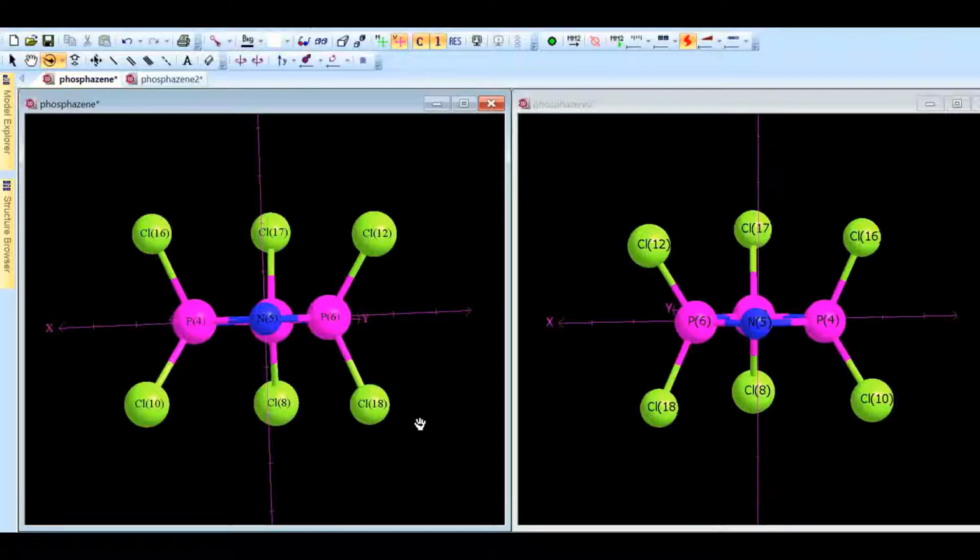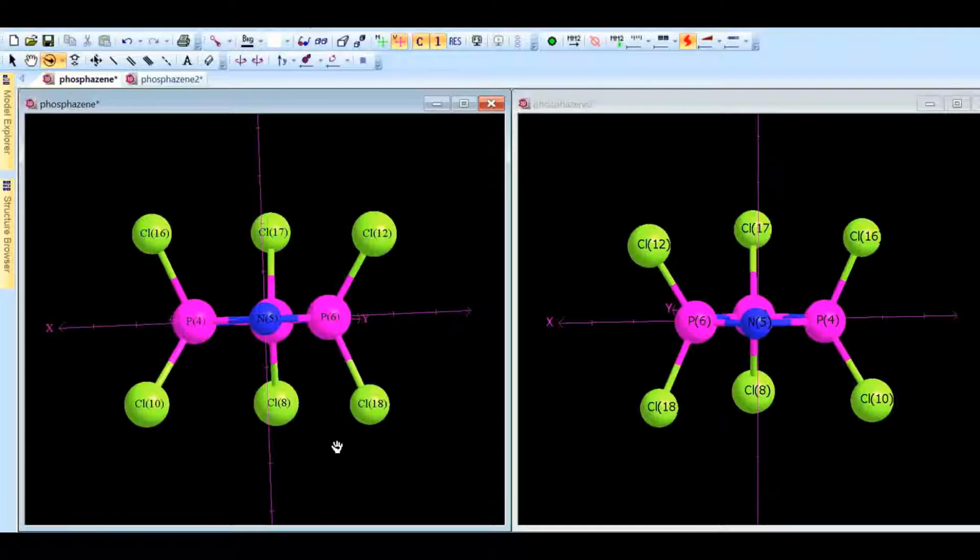So let us first focus on the left hand part. In this left hand figure, I will be keeping it as a reference so that you can compare, because after performing an operation you have to compare it with the original appearance, and therefore I have done this. So this is your PNCl2 molecule.